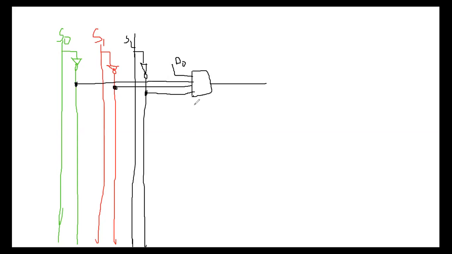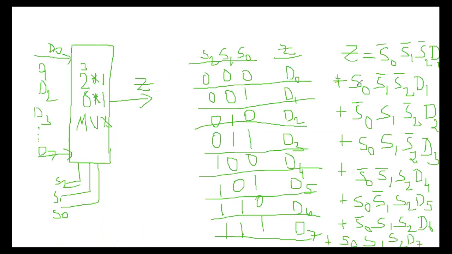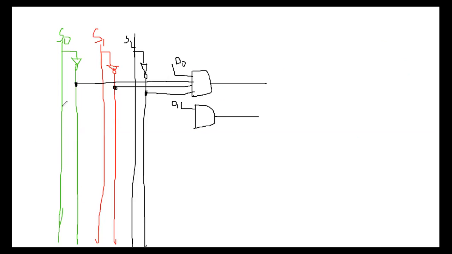The second AND gate, one of the inputs is D1. So see what the second term is: S0, S1 bar and S2 bar. So two are complement values, S0 is an uncomplement value.